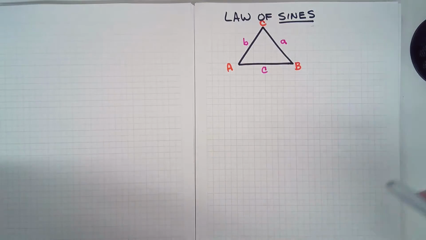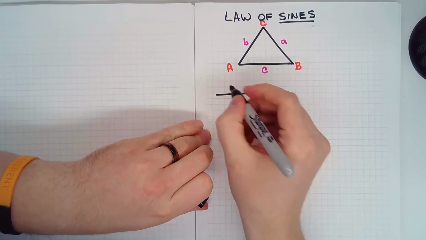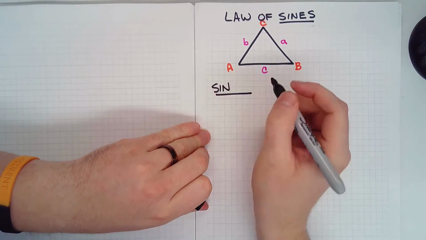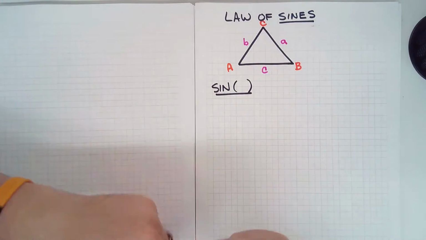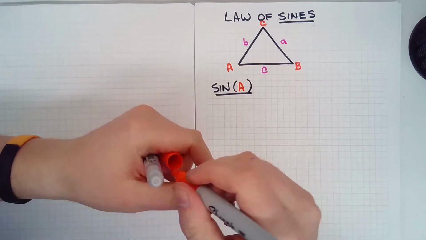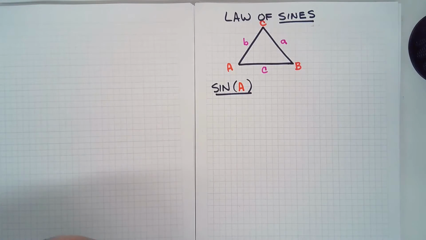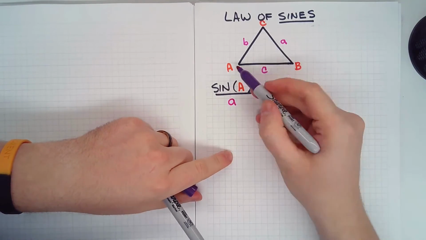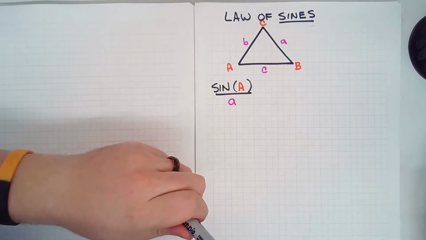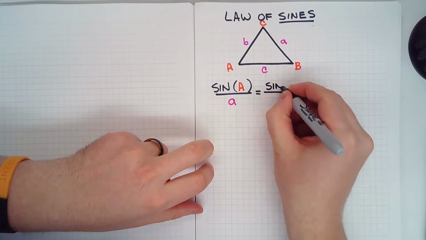So here's the idea. If you take the sine of one of these angles, like angle A, and you put over it the opposite side, which for angle A is little a, it will be proportional to the sine of any other angle.